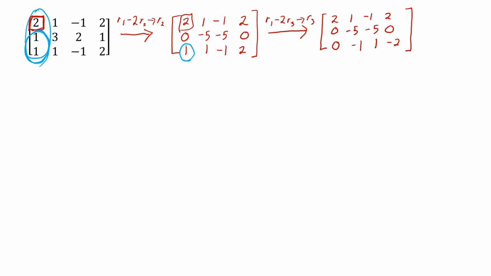Okay, so now the next step is we are going to eliminate the row that we just worked on. So the row that we just worked on, we're going to ignore that row now. And we're going to deal with what's left. So with what's left, we identify the next pivot position, which is the topmost row and the first non-zero column right there.